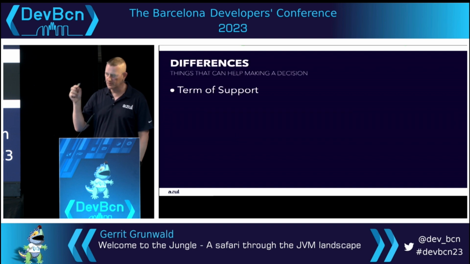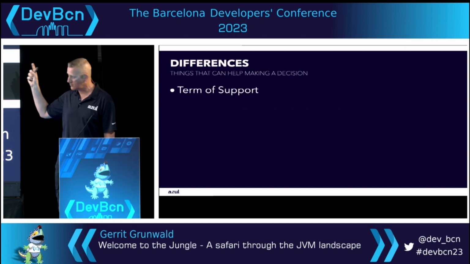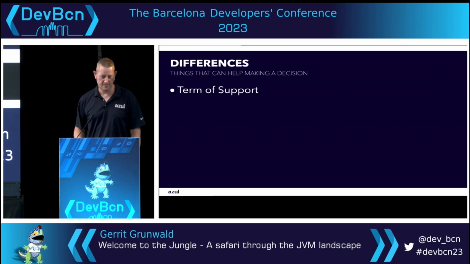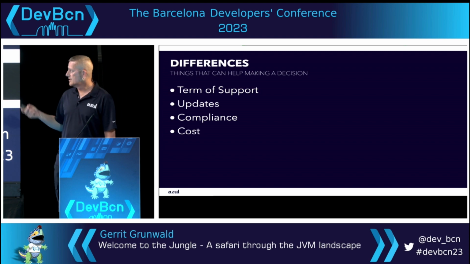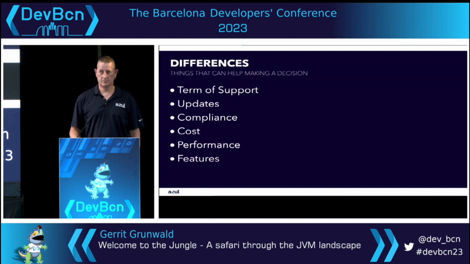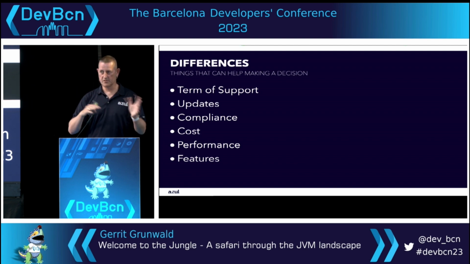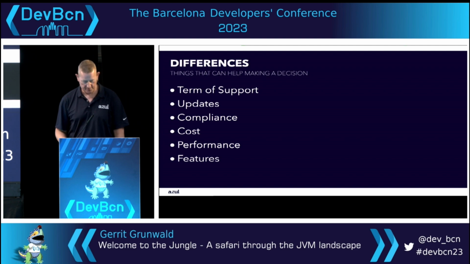And there are different points that I figured out that might make sense to talk about, which the first is term of support, and I will explain all these points. Then there's updates, right? Compliance, cost, performance, features. These are mainly the points where you can make a difference between these JDK distributions.